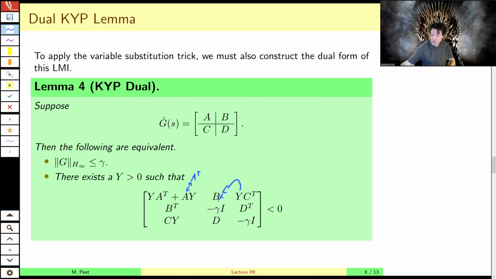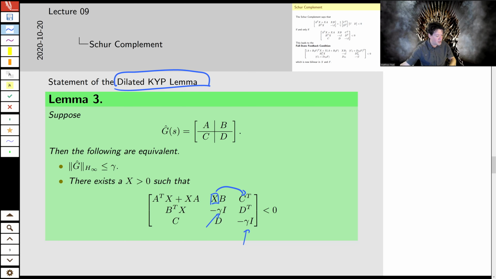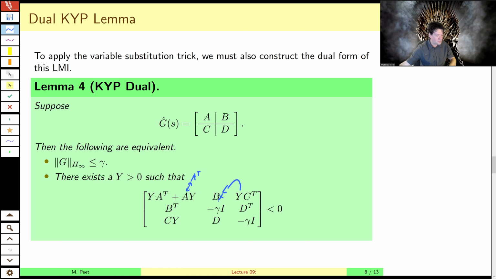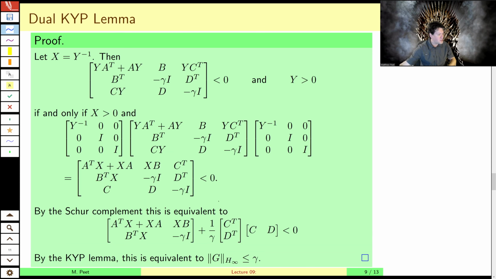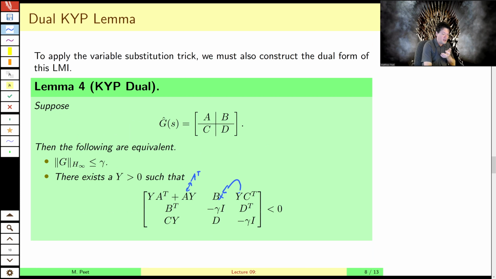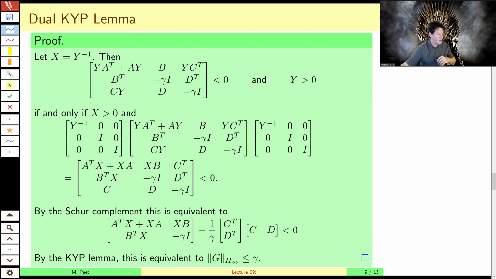So B transpose becomes, well, actually that doesn't change. So now that will be useful, because by moving the x over to the C, we'll be able to do a variable substitution. But I'm getting ahead of myself a little bit.